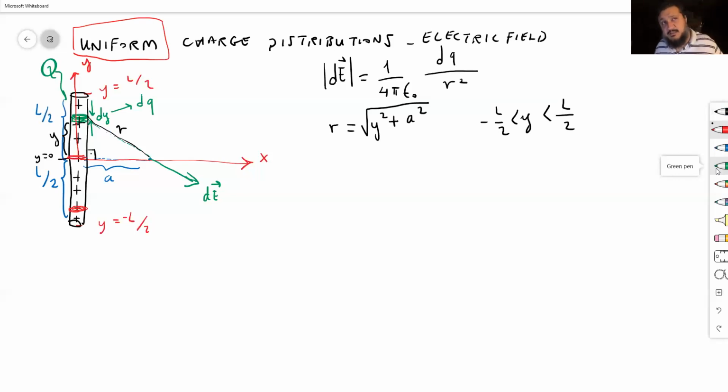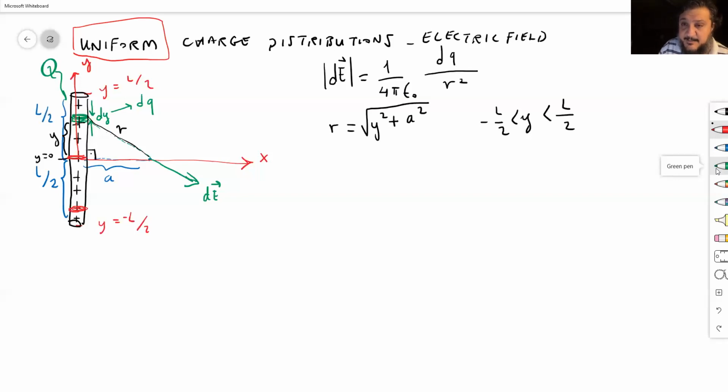If your infinitesimal charge is independent of your position variable, which is y, we call it a uniform charge distribution. Does it have to be that way all the time? No, it doesn't have to be. It could be coordinate dependent, and it wouldn't be uniform anymore, all right? But if it is uniform, then we call it a uniform density, okay?